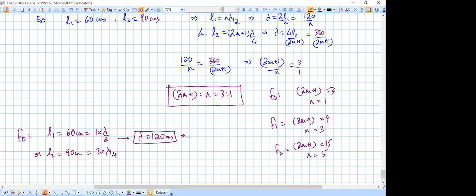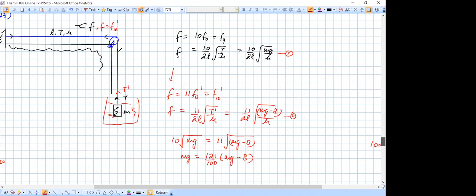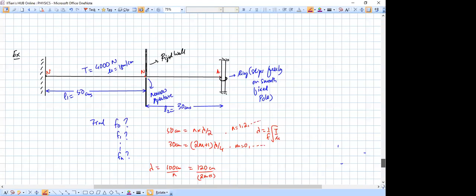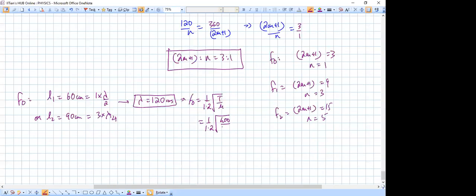So you'll get the frequency, four thousand divided by that. This will be the fundamental.